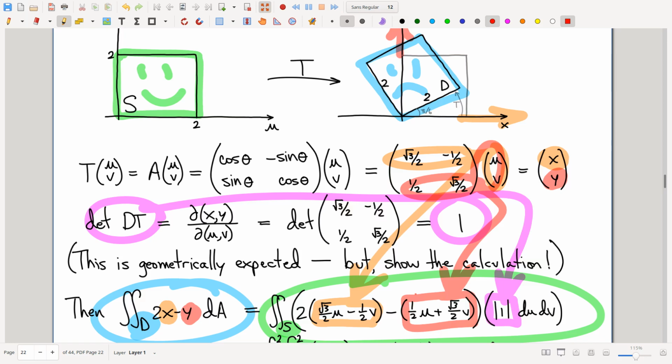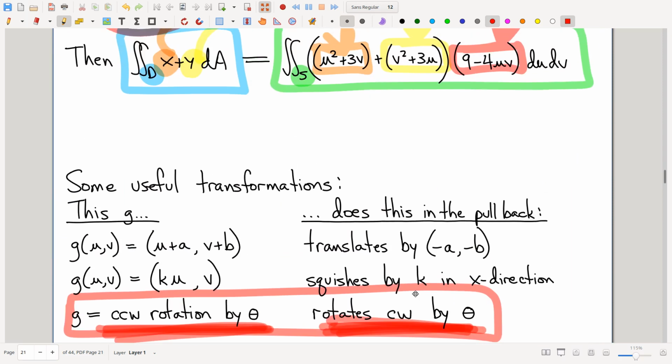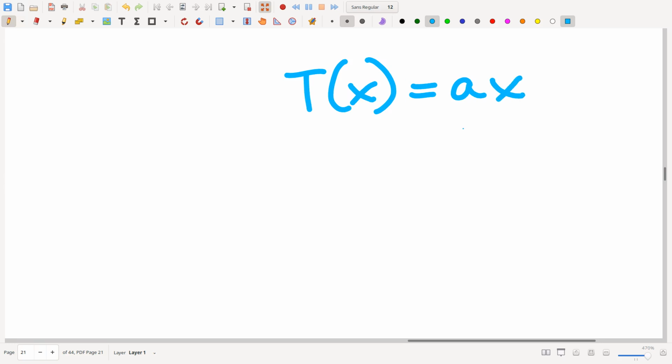Let me show you the single variable version of this. If I have T of x, which is just a regular single variable scalar, equal to ax, where again a is just a scalar, not a vector, notice that the derivative is that same number.